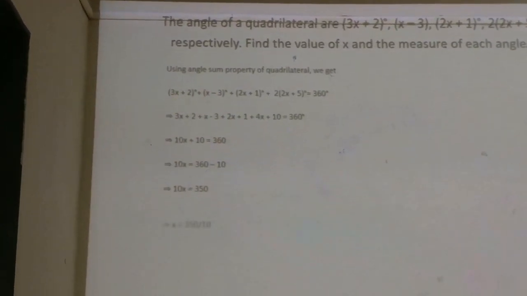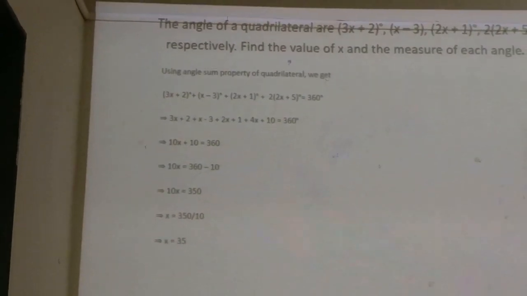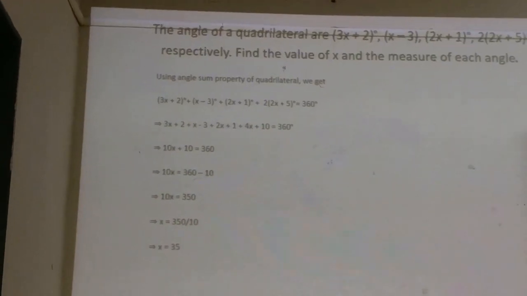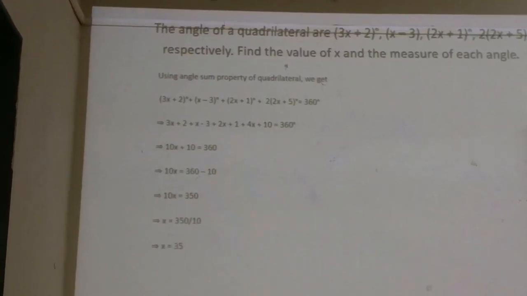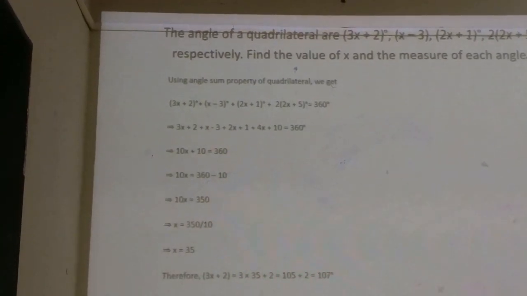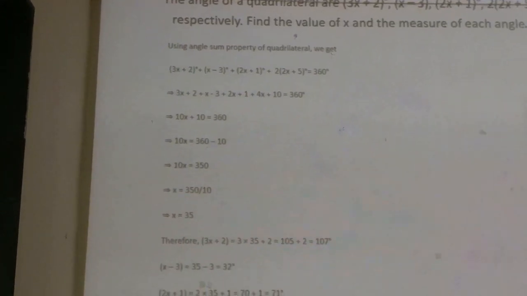So by calculating this we get x is equal to 35 degree, and we have to place the value of x again. Yes, in this way we can calculate the measures of all the 4 angles, right? Okay.